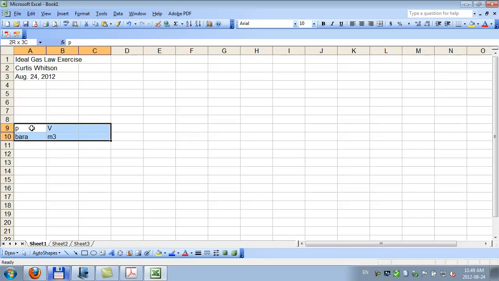Okay, we're going to do some stuff here. Okay, I generally center. Now, you have a trade-off in spending your time. And although m to the 3 is not clear that it's cubed, I know that 99 out of 100 engineers looking at my sheet will realize cubic meters. Okay?